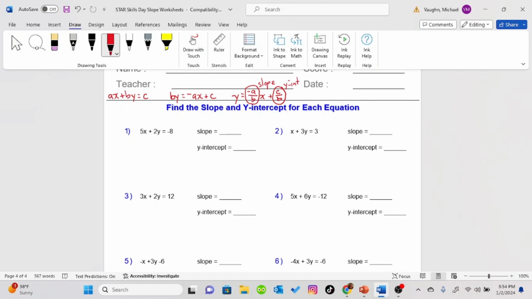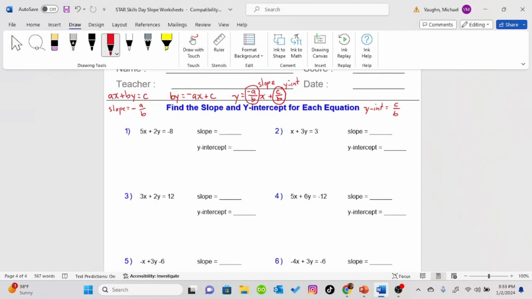So as we work through these, your slope will always be negative a over b. And your y-intercept will always be c over b.